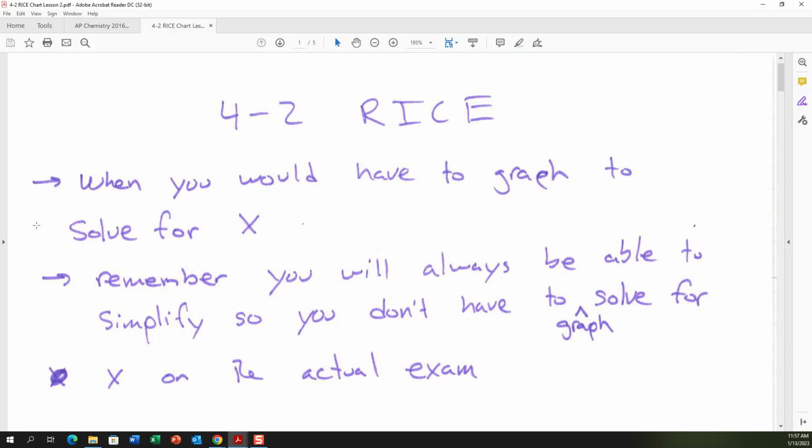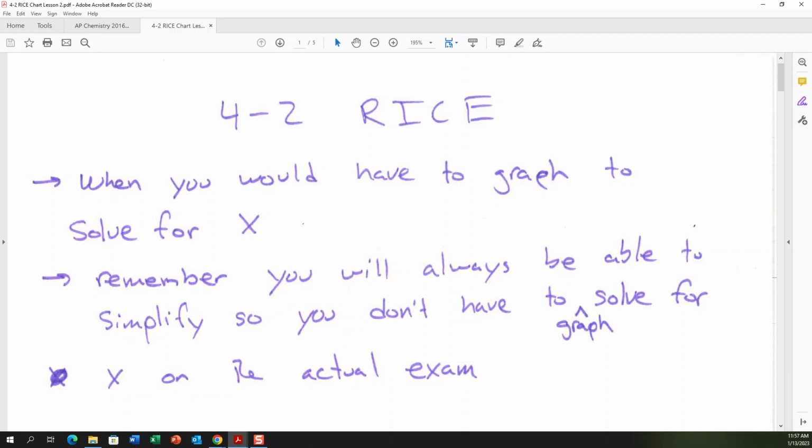Start looking at what the K value means in terms of the change that's actually happening in your RICE chart. Is that minus x or plus x? Is that x going to be really small, so adding x to a number or subtracting x from a number really isn't going to do much? It's that kind of thing.